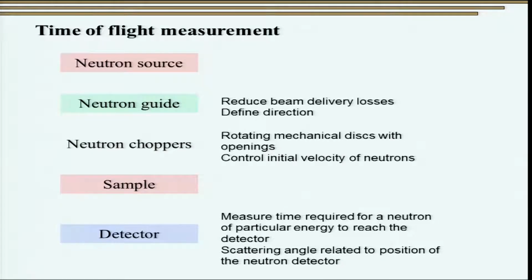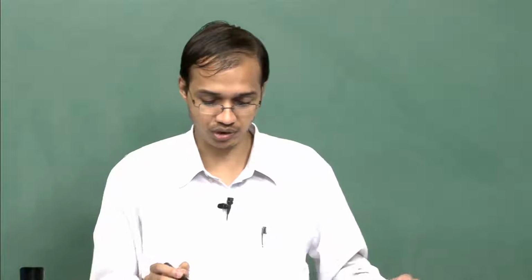These neutron choppers are rotating mechanical disks with openings that control the initial velocity of the neutrons. This ensures that you are getting neutrons in a particular energy range. That is what we are aiming at.